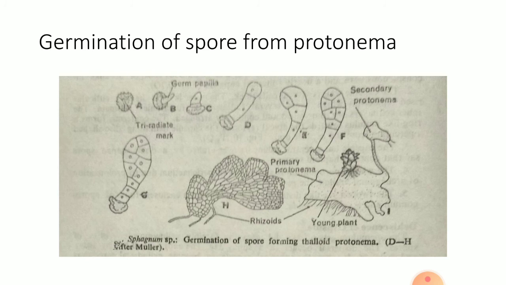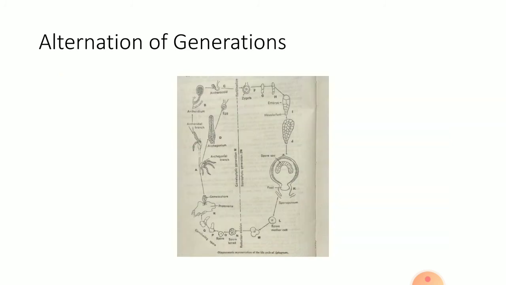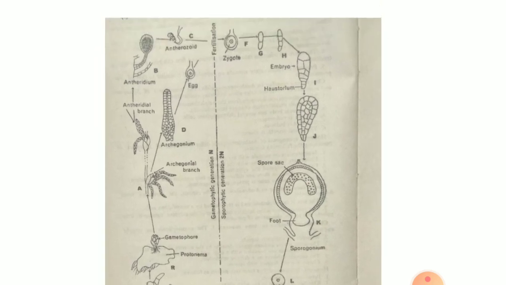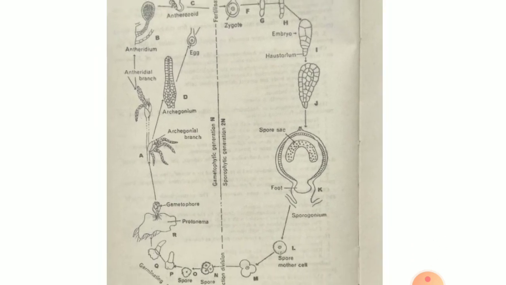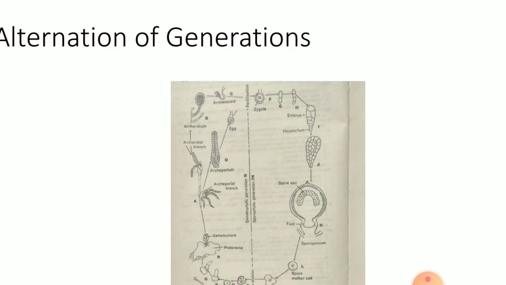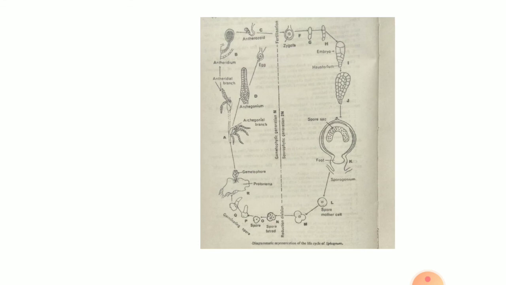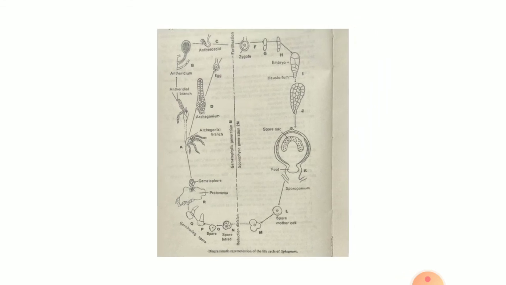Now we have discussed the economic importance of Sphagnum, affinities, the gametophytic generation and the sporophytic generation. Finally, to wind up, we come to the alternation of generations in Sphagnum. So, this is the diagrammatic representation of the life cycle of Sphagnum.